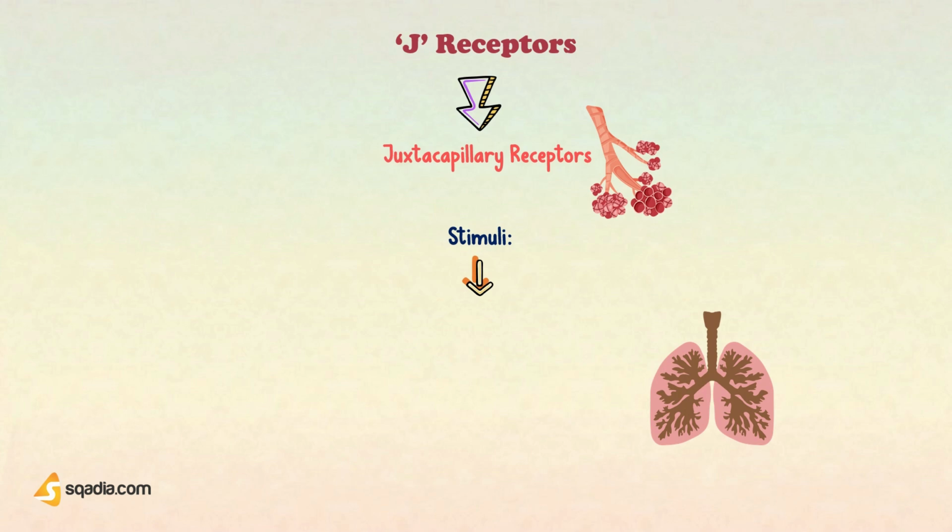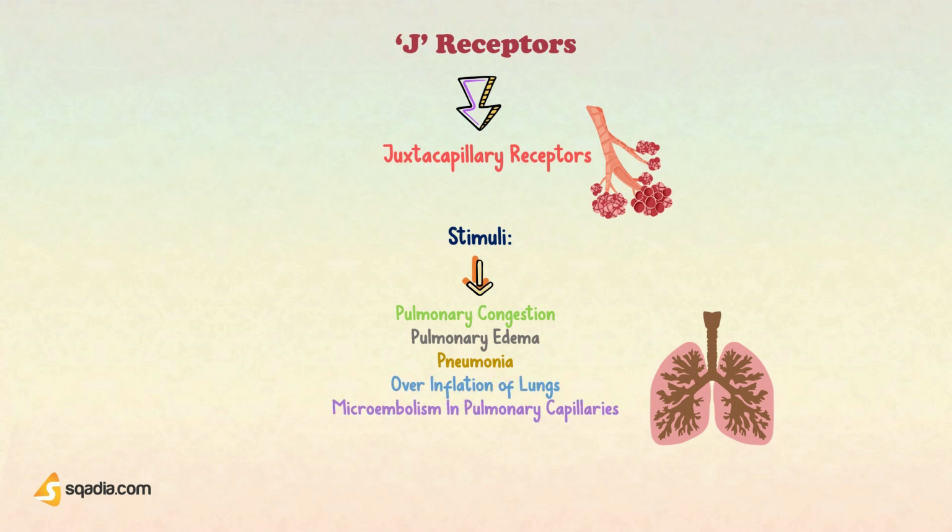Now, how are J receptors stimulated? Well, J receptors are stimulated in various conditions like pulmonary congestion, pulmonary edema, pneumonia, overinflation of lungs, microembolism in pulmonary capillaries, and stimulation by exogenous and endogenous chemical substances such as histamine, bradykinin, and serotonin.